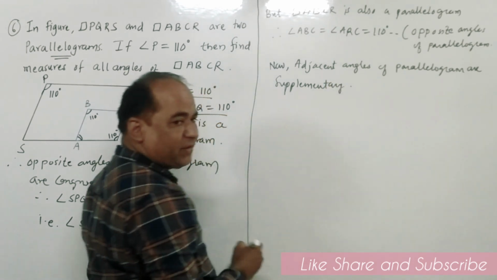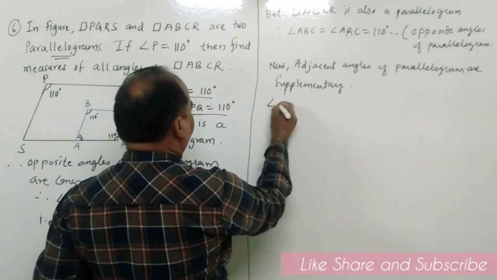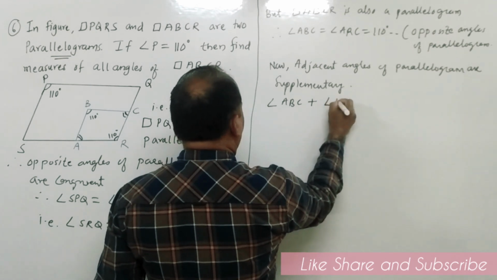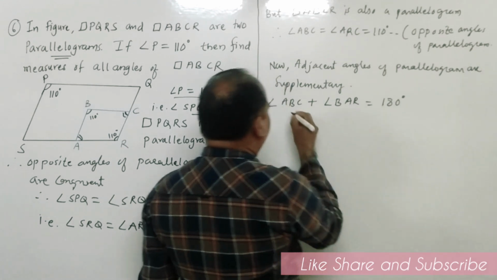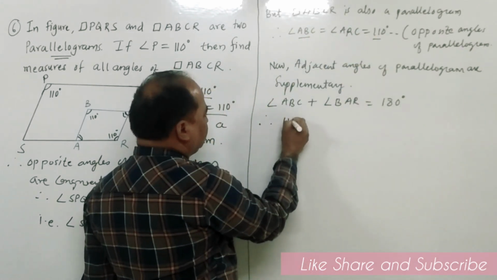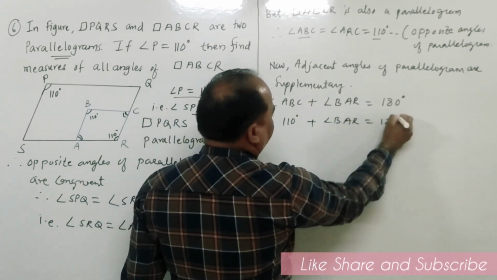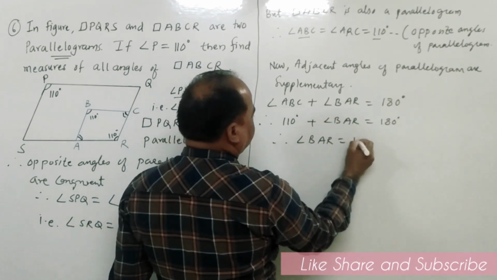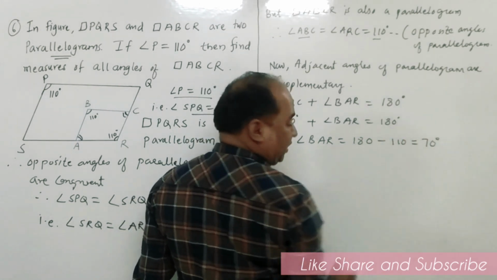That is, the sum of the measures of adjacent angles is 180 degrees. So angle ABC plus angle BAR is equal to 180 degrees. Now ABC is equal to 110 degrees. Therefore, 110 plus angle BAR is equal to 180 degrees. Therefore, angle BAR is equal to 180 minus 110, which is equal to 70 degrees.